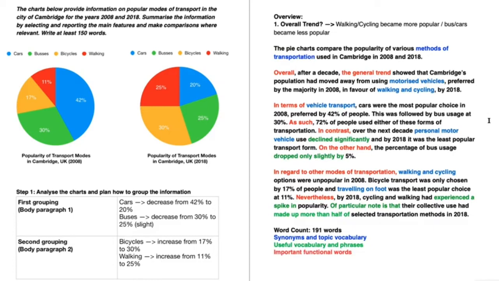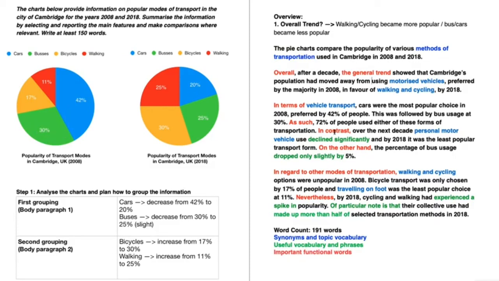This was followed by bus usage at 30%, which was exactly what we saw in the green here. As such, 72% of people used either of these forms of transportation. So I've gone ahead and combined these two. I say that 30 and 42 is 72%. And so most people used one of the other because 72% is over half.